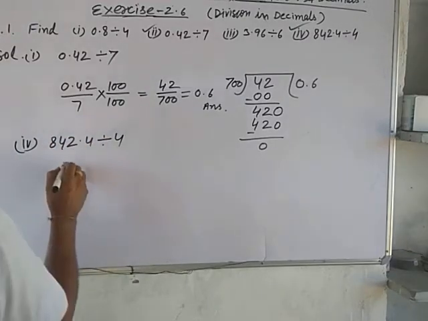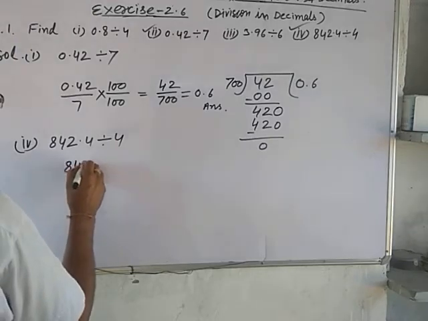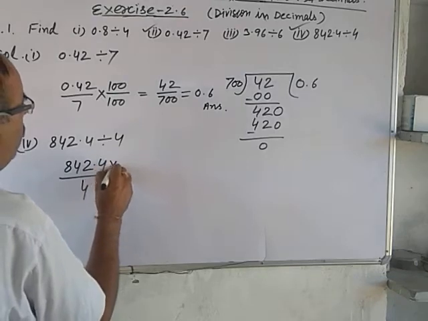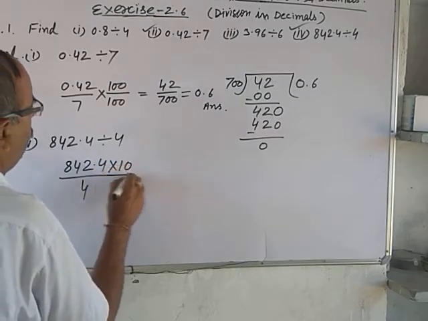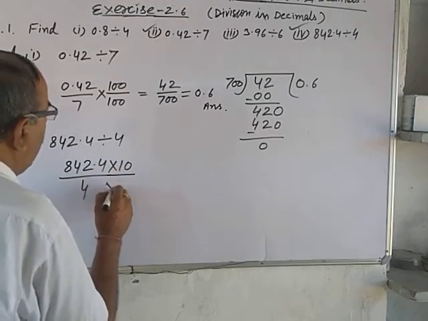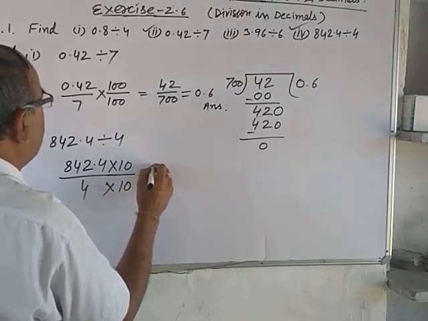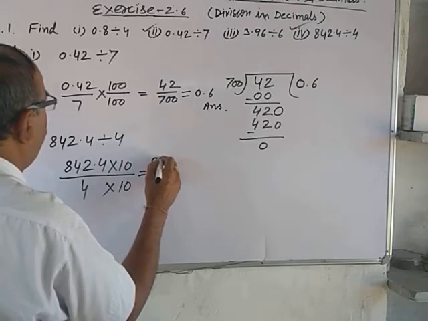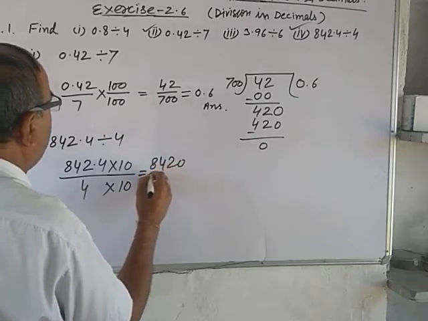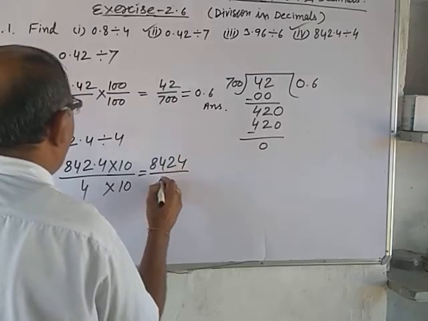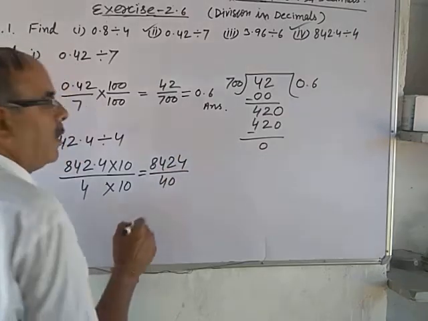We shall write it as 842.4 upon 4, multiplied by 10 with numerator and multiplied by 10 with denominator. It becomes 8,424 and it becomes 40.